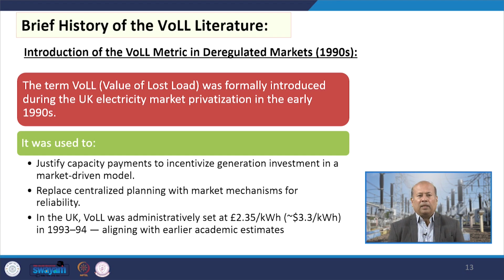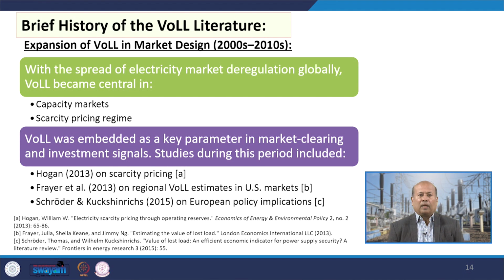In the UK, VoLL was administratively set at 2.35 pounds per kilowatt hour in 1993 and 94, aligning with earlier academic estimates. With the spread of electricity market deregulation globally, VoLL became central in capacity markets and scarcity pricing regimes.